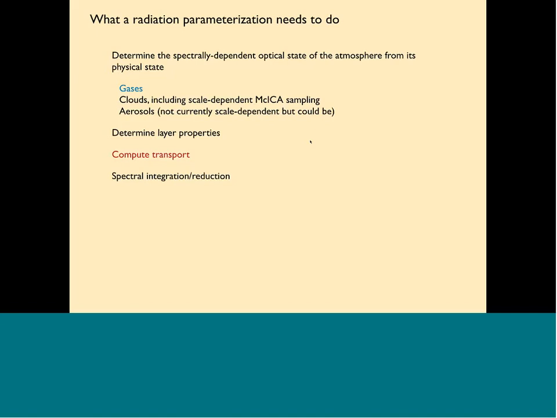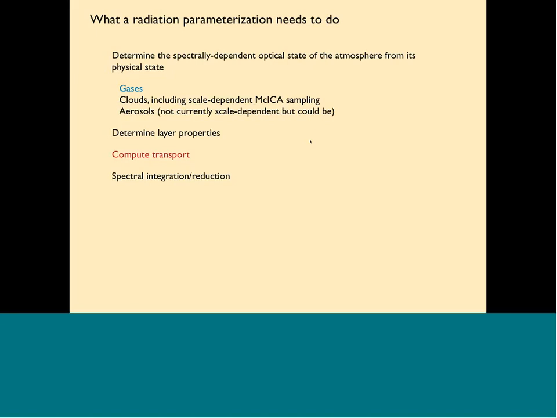And the difference between transport and essentially everything which has gone before it is that transport has a dependency in the vertical. So when one is computing the transfer of radiation, roughly speaking, you can do this sometimes as a matrix inversion problem, but there's a vertical dimension to it that means that it won't parallelize in quite the same way that the other pieces of the task can.